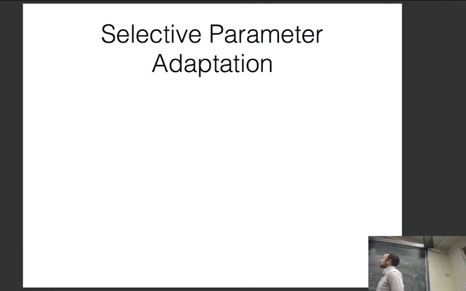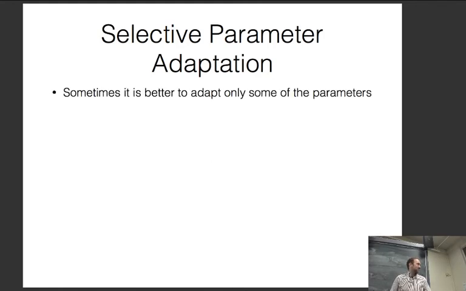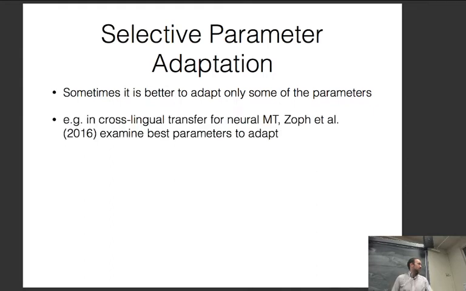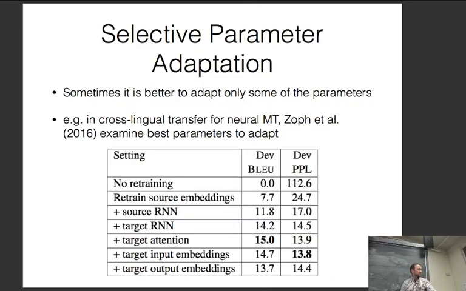And another thing that you can do is selective parameter adaptation. So this is one form of regularization that's super strong regularization, essentially. It's saying, do not update certain parameters, but you can update other parameters. So it's like infinite regularization on the non-updated parameters and non-infinite regularization on the others. So for example, in cross-lingual transfer for neural machine translation, this paper examined the best parameters to adapt.